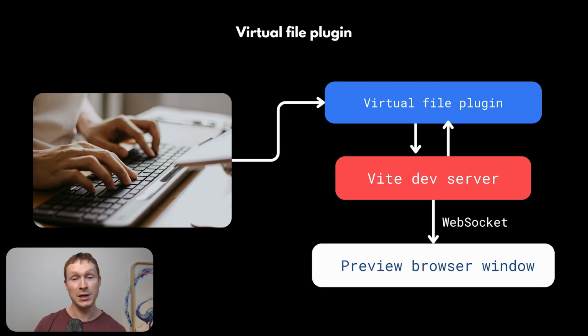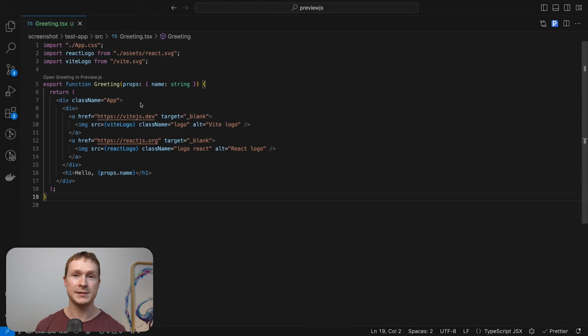When that module is reloaded by the browser, Vite dev server will actually load that file not from the file system, but from the virtual file plugin. That means that it can access this in-memory version that has been already updated, and there's not even any disk access in this process. This is what allows us to have really fast instant feedback as part of Preview.js.